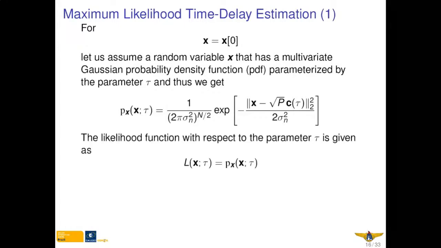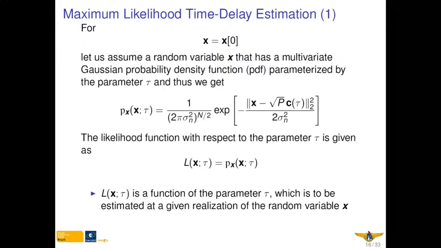This is a normal distribution, and this is the probability density function of the random variable x. The likelihood function with respect to the parameter tau is given as follows; the likelihood is equivalent to the PDF. The likelihood is a function of the parameter tau, which is to be estimated at a given realization of the random vector x. And the realization in our case is our received signal.